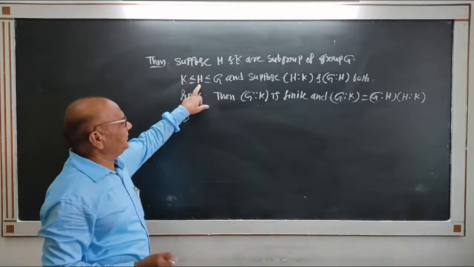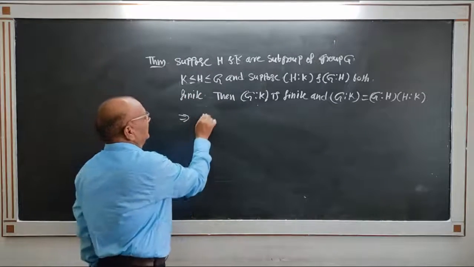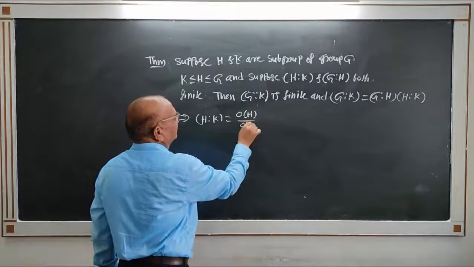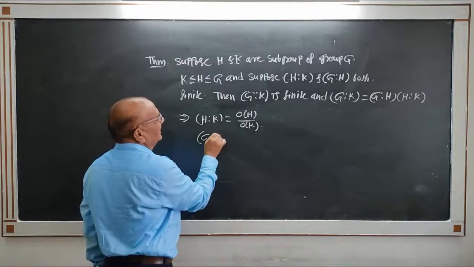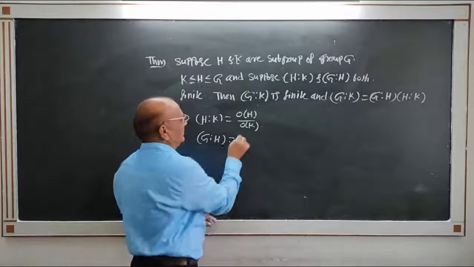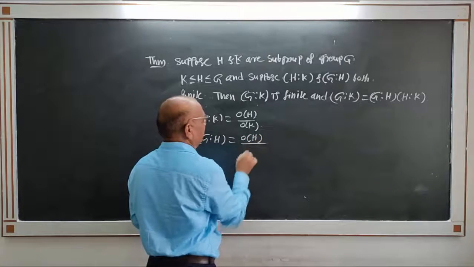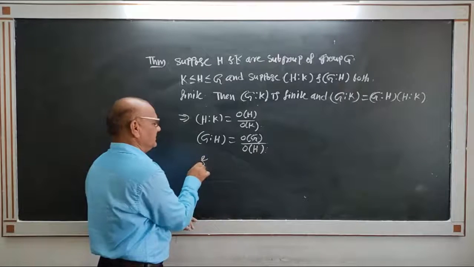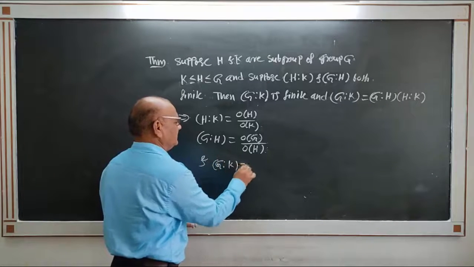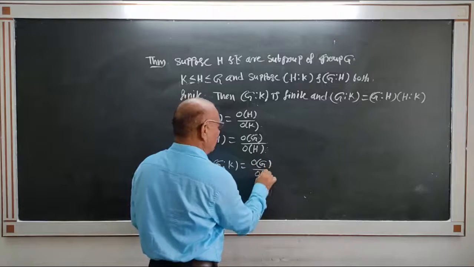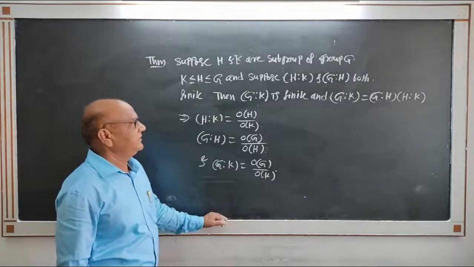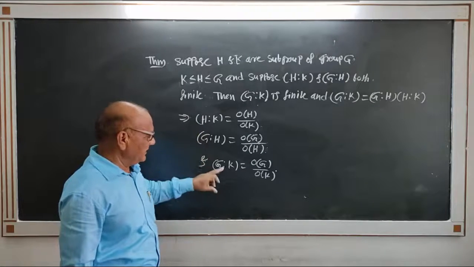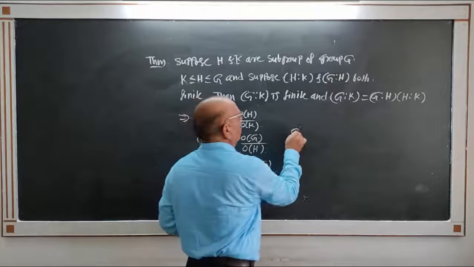Here K is a subgroup of H and H is a subgroup of G. That means H : K is the order of H divided by the order of K. Also G : H is the order of G divided by the order of H, and G : K is the order of G divided by the order of K. If these are finite, then this is also finite.